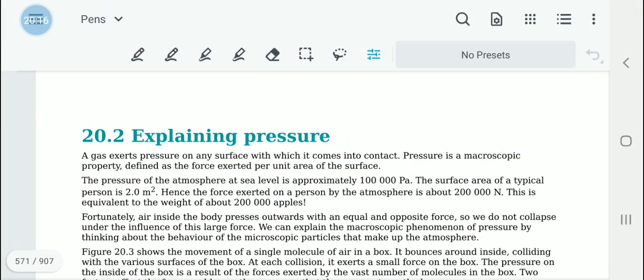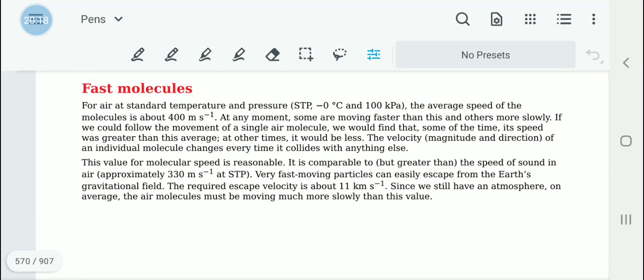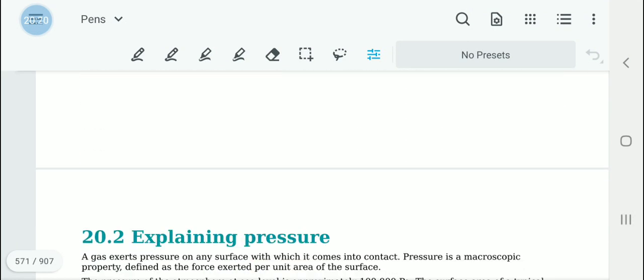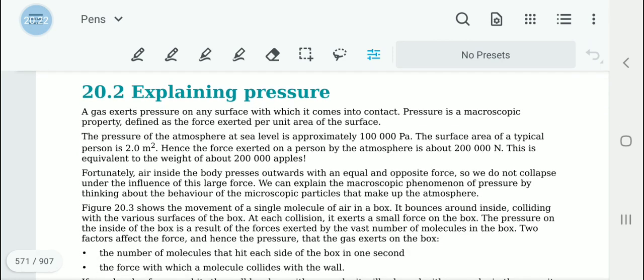Write down a note. A gas exerts pressure on any surface with which its particles collide.